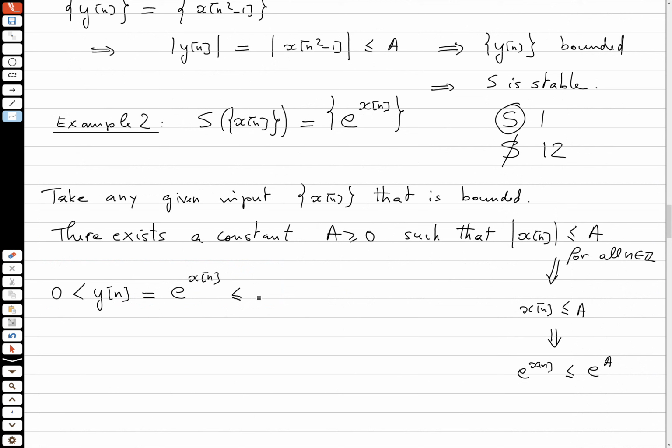So this is less than exponential of A. I call this B. So y of n is less than B. Done. This implies that y of n is bounded. So S is stable.